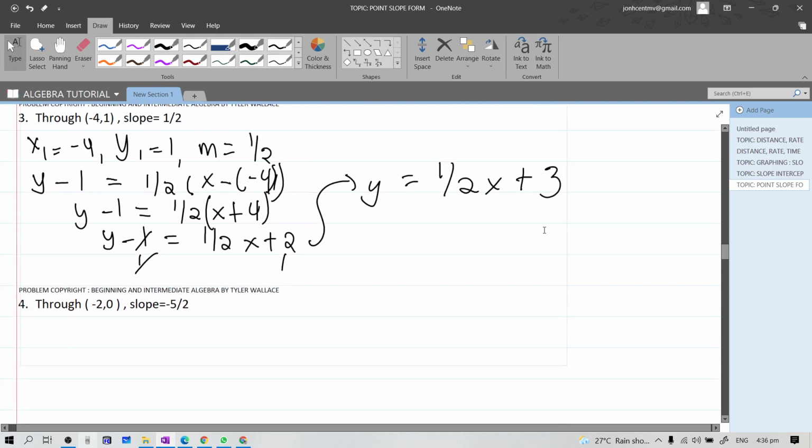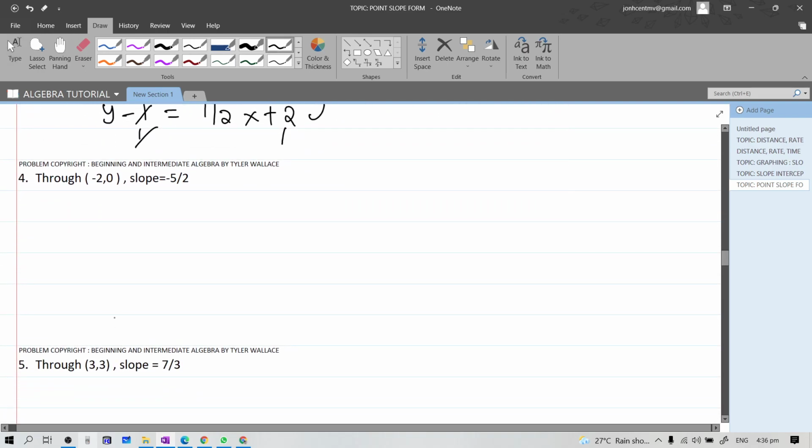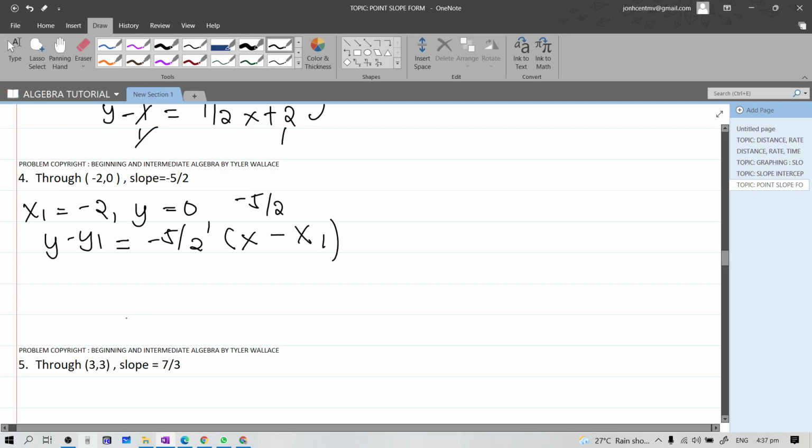Next, for problem 3, (negative 2, 0), slope of negative 5/2. So, let's evaluate. We have x sub 1 which is negative 2, y sub 1 of 0, slope of negative 5/2. y minus y sub 1 is equal to negative 5/2 times x minus x sub 1. Okay? So, let's evaluate. Let me write the values right away. y minus 0 is equal to negative 5/2 times x minus x sub 1, which is negative 2.